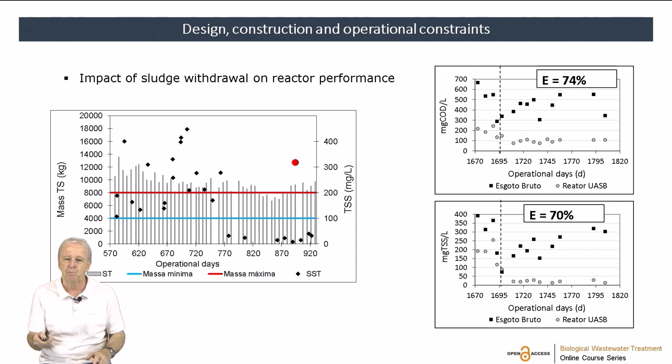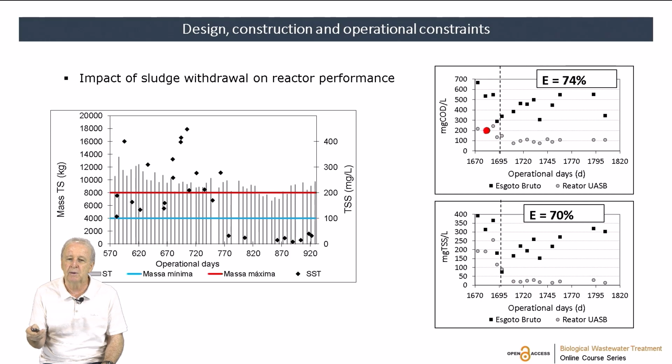If you do not have your dehydration unit operating, you cannot discharge sludge and you are going to lose solids with the effluent. And in this graph on the right, you can also see the gain of efficiency in another period, not the same period, but the same logic. The amount of sludge inside the reactor was above the capacity of the reactor, so the COD concentration was above 200 milligrams per liter.